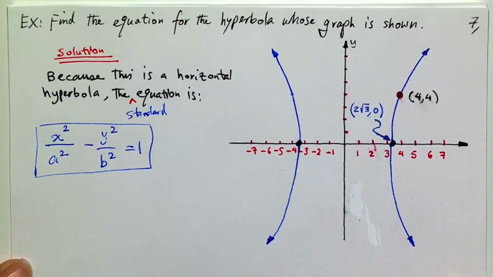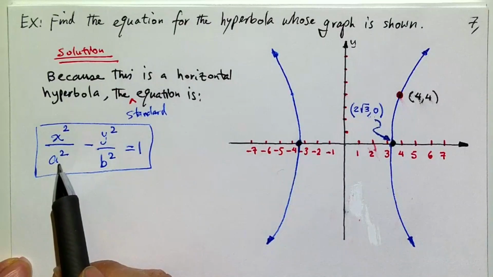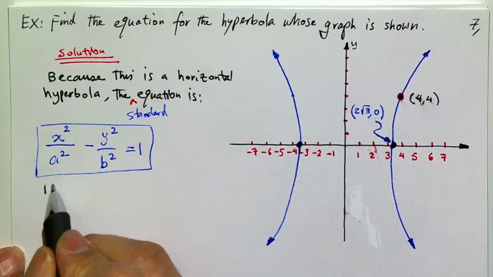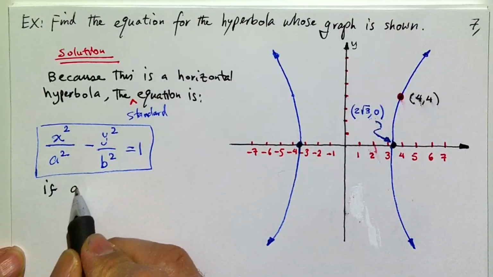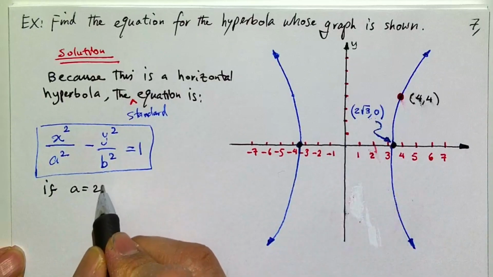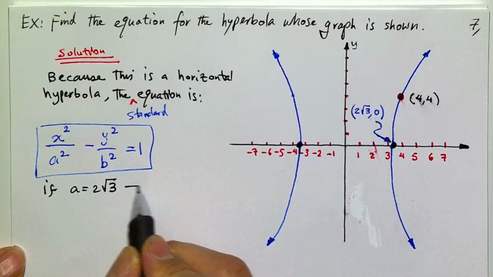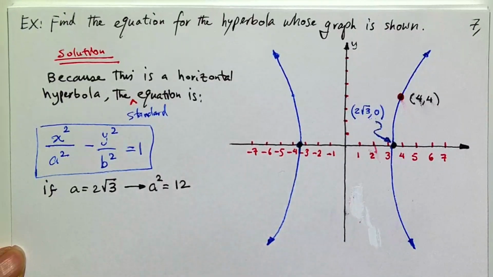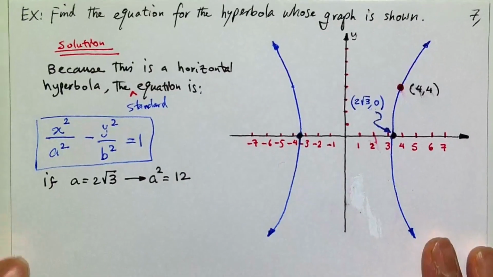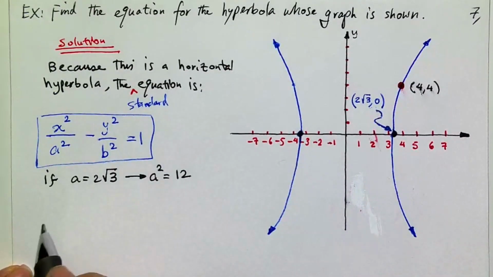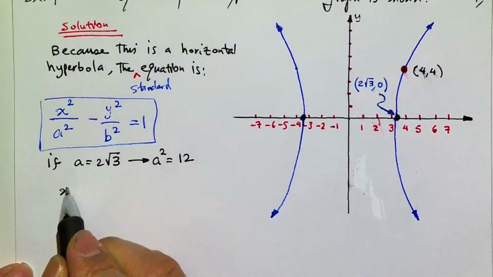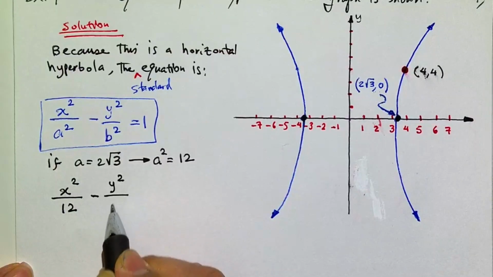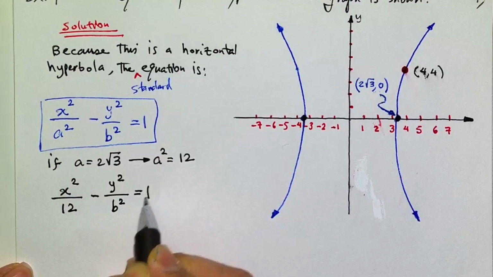So we already know what a squared is going to be, because of the information given to us here. So if a from this drawing is equal to 2 square root of 3, then a squared, of course, is 12, right? A squared is 12. So let's plug that into this equation. So we have x squared divided by 12 minus y squared divided by b squared equals 1.